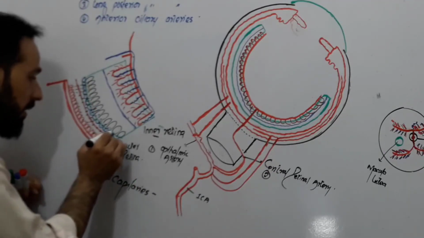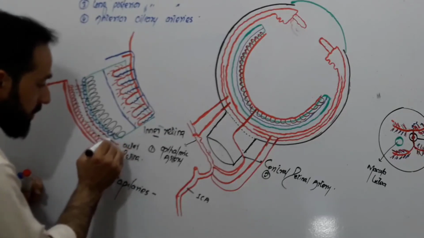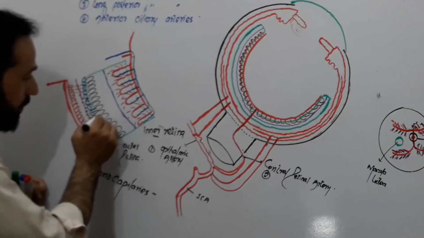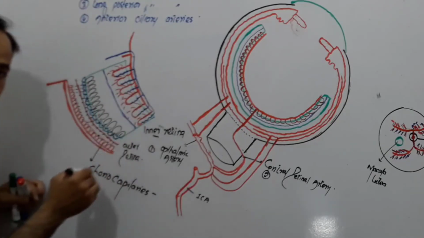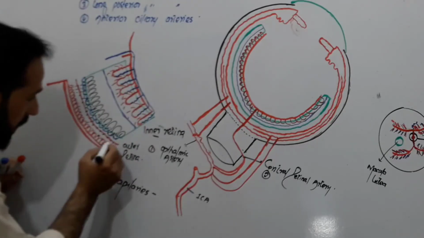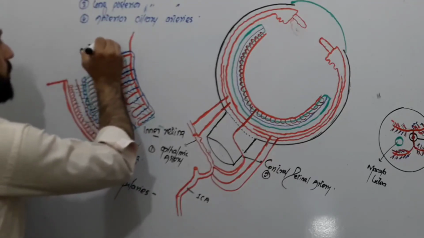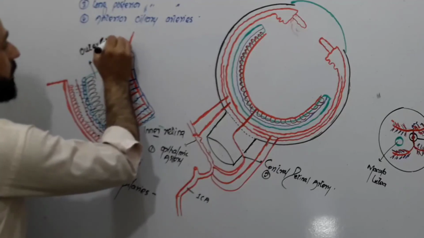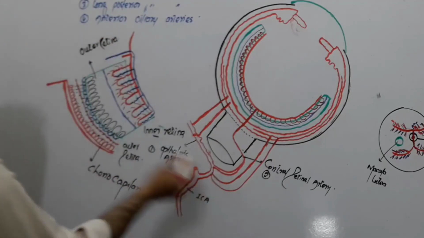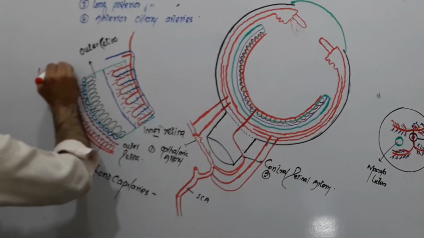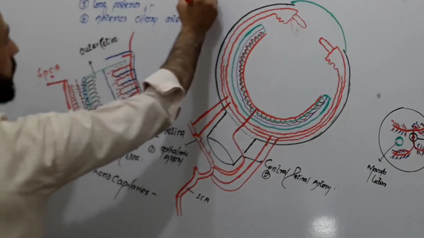And from there the nutrients and other substances are diffused into the retinal pigment epithelium, and then towards the rods and cones, and then towards the other cells, right? So we say the outer retina is supplied by what? It is supplied by short posterior ciliary arteries, right?